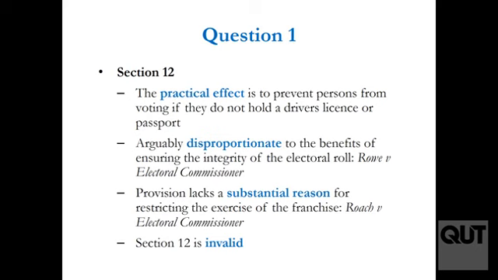So we need to apply Roach because the impact of this law is significant in that it potentially excludes a lot of people from voting for a purpose that isn't really that significant, okay? So we have a proportionality issue here. It's a disproportionate restriction when we are told that rates of voter fraud are minimal.